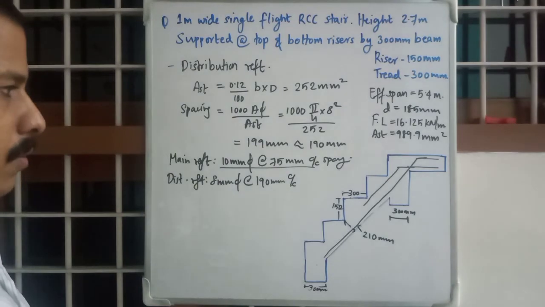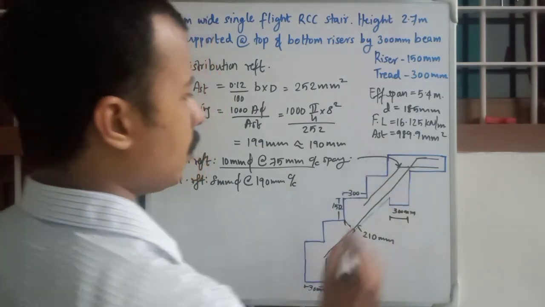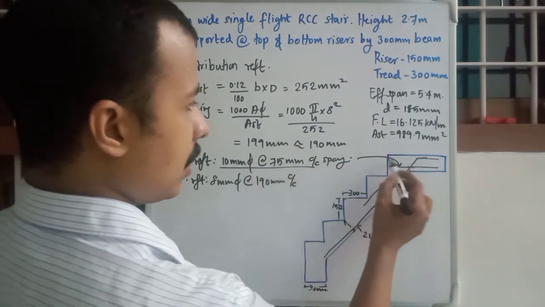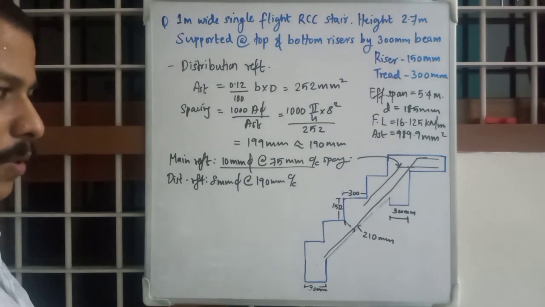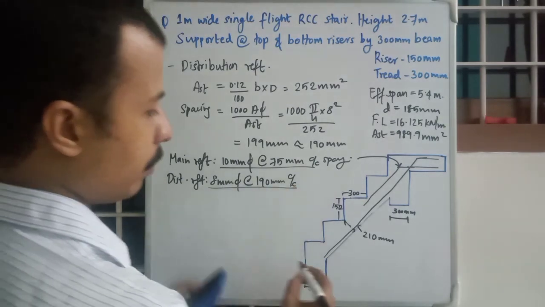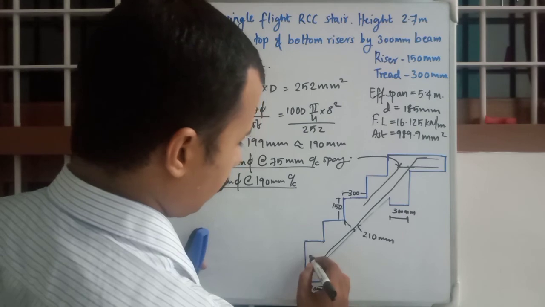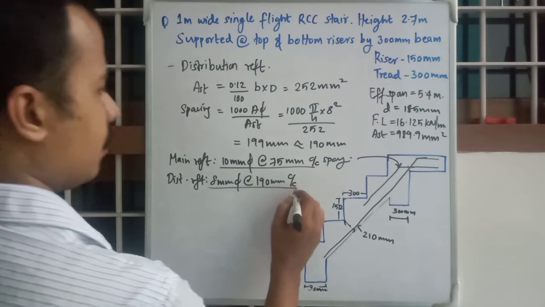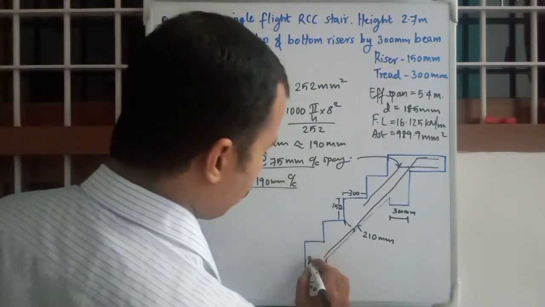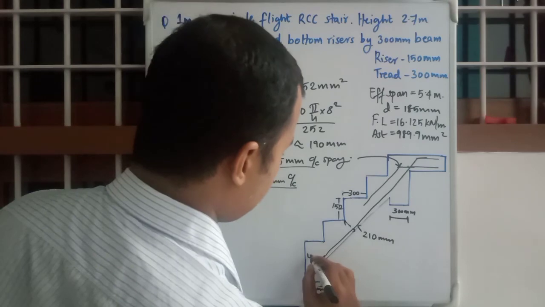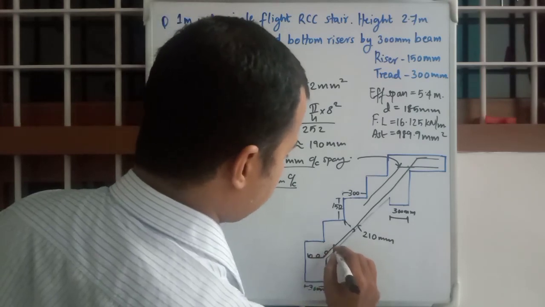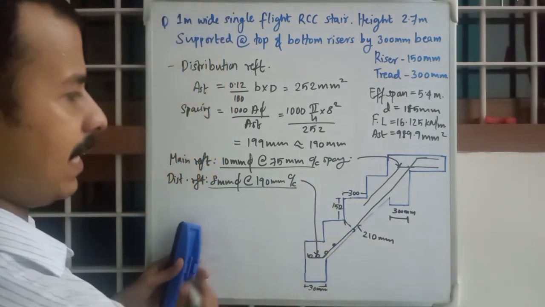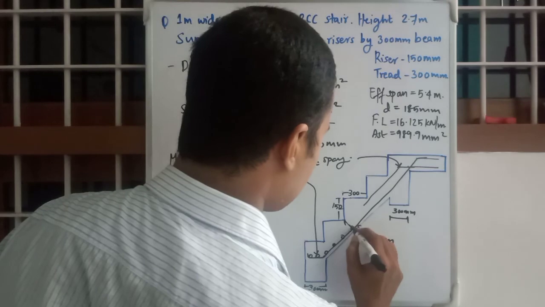This will be the main reinforcement. You will mark 10 mm at 75 mm center to center spacing for these two reinforcements. Distribution reinforcement will be provided cross-sectionally at a spacing of 190 mm, like this.